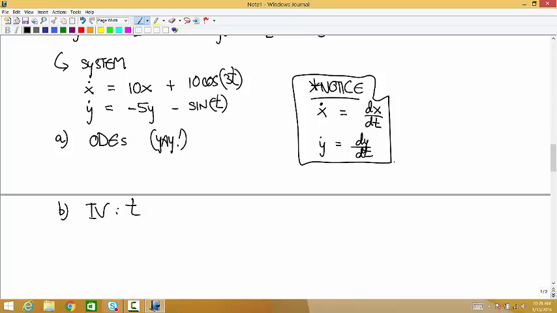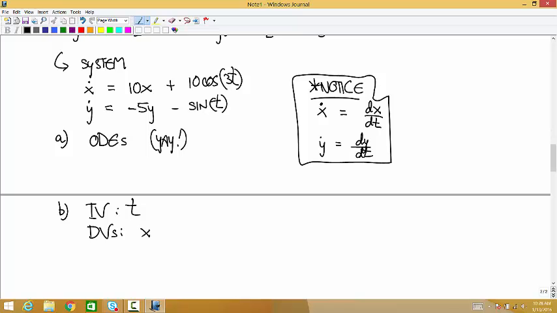So our independent variable then, if this one says dx/dt is equal to all this stuff, this one says dy/dt is equal to all this stuff, all the derivatives are with respect to time, so the independent variable is time. What about the dependent variable or variables?